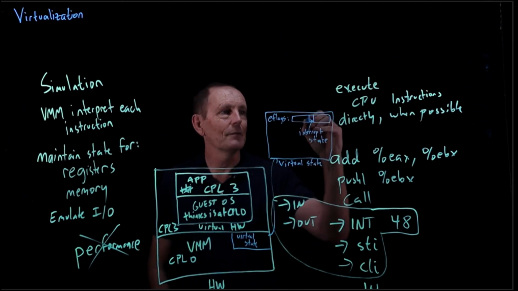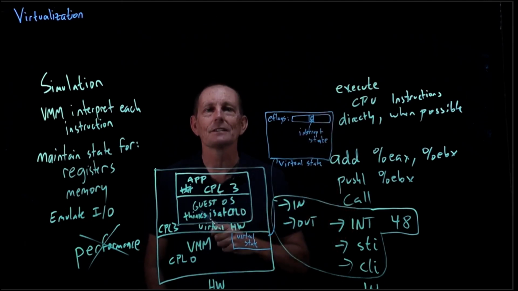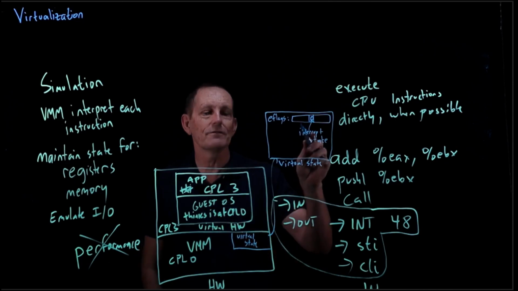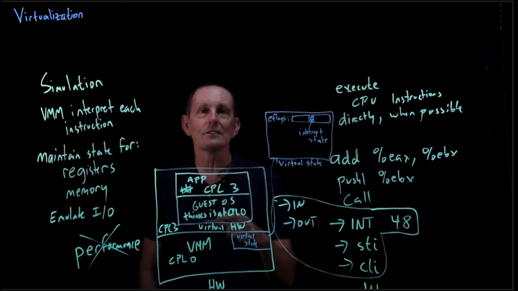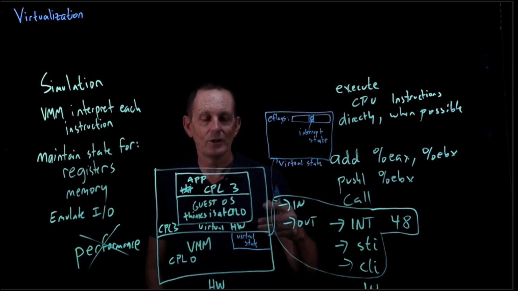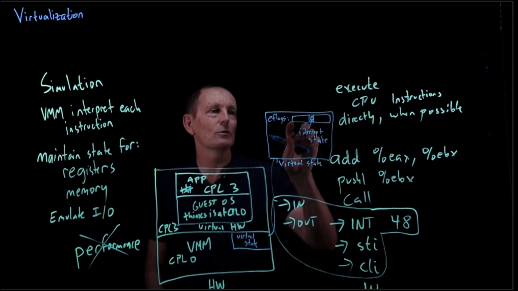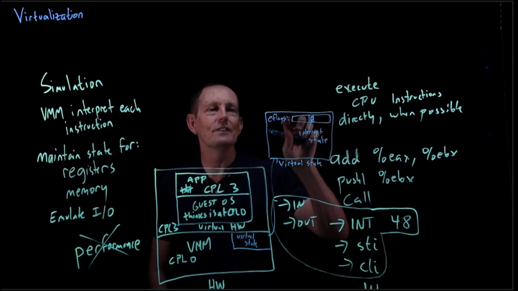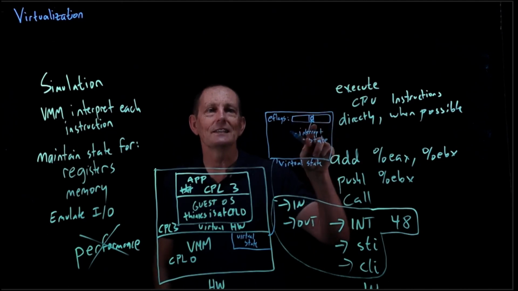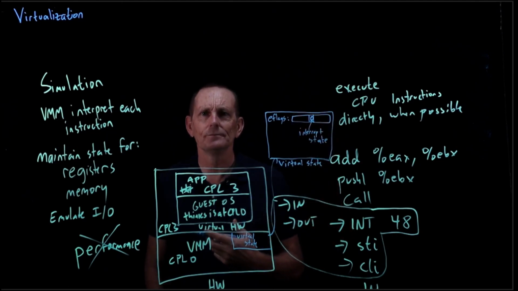Instead, I'm going to turn it off here in the fake EFLAGS. If the guest OS tries to, let's say, push the EFLAGS onto the stack, that's a privileged instruction, we'll break into the VMM, and what it will push is the virtual machine's idea of the EFLAGS and not the actual EFLAGS of the real register.